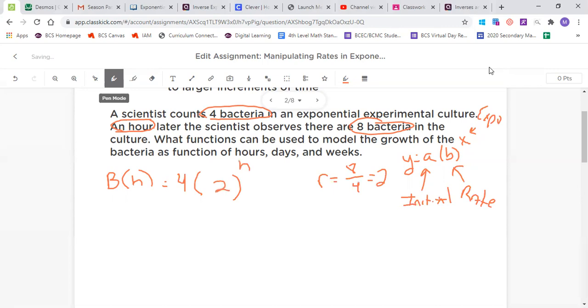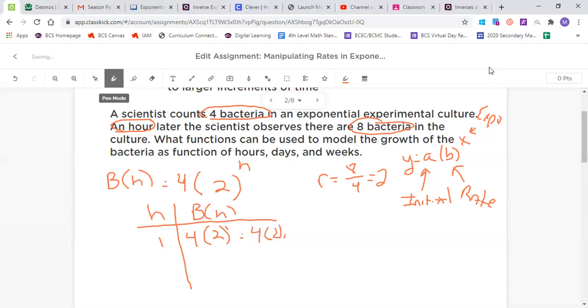The reason why I know that is, if I start a table and look at the hours and the amount of bacteria, B of H, I know at 1 hour I would have 4 times 2 to the first, which is really just 4 times 2 bacteria.